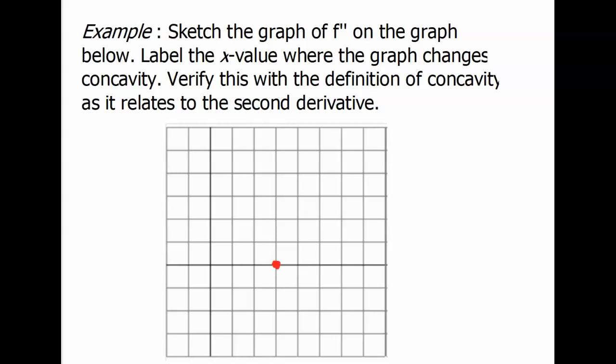And then if you think about a rule of thumb, a cubic derives to a quadratic derives to a linear. So this is going to be a linear that's positive to the right and negative to the left. Now, whatever slope you drew in, you have to draw in both ways.